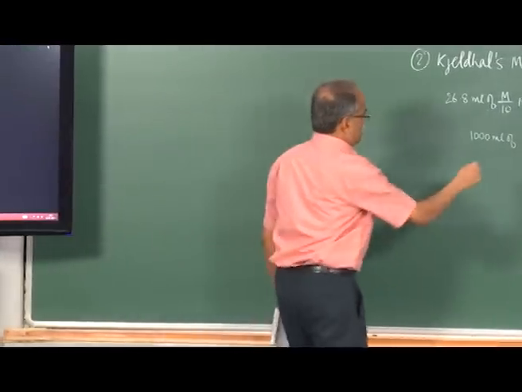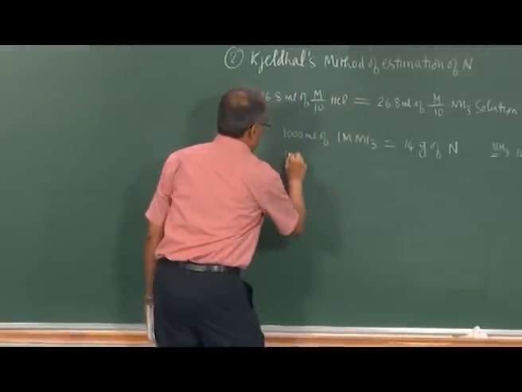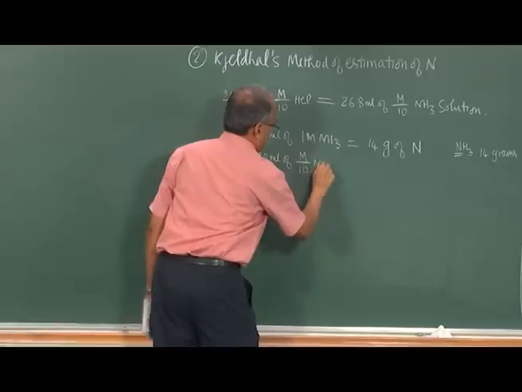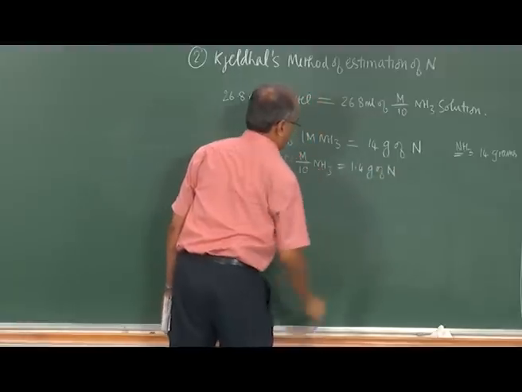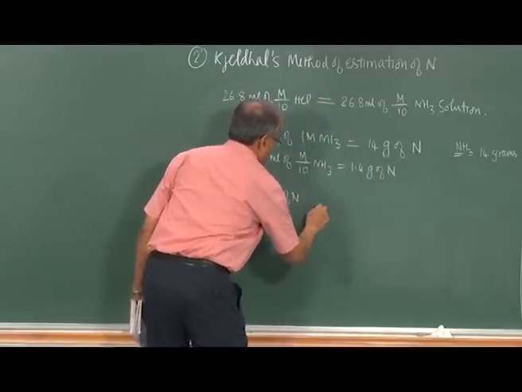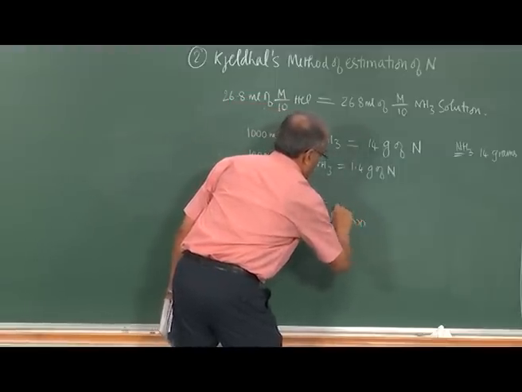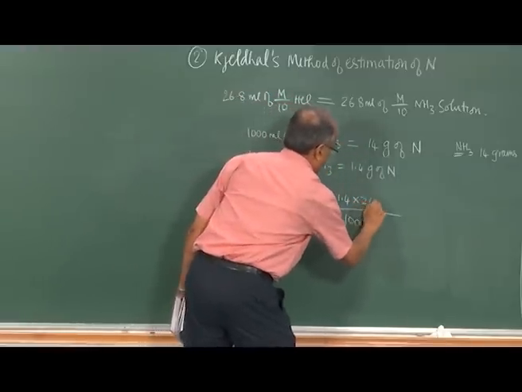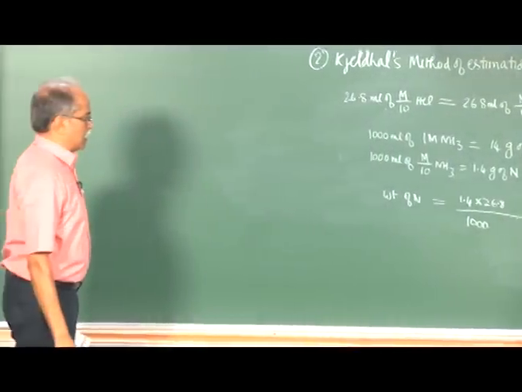So, what we are having here is M/10 ammonia solution. So, 1000 ml of M/10 ammonia would correspond to 1.4 grams of nitrogen. So, the weight of nitrogen from the ammonia that is liberated would correspond to, for 1000 milliliters it is 1.4 grams, from 26.8 milliliters how many grams of nitrogen is present here.